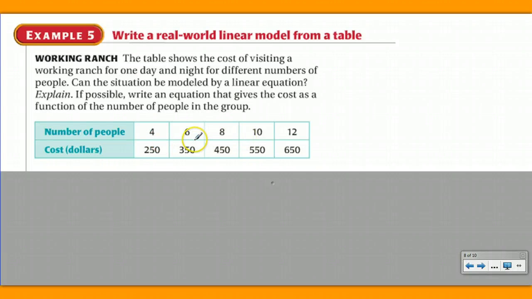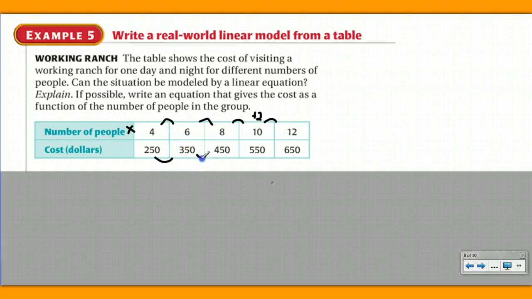How do we know if this is a linear equation? Do you remember? Well, recall we look and see, is there a constant change in the domain? So we can say that the x values, the input, are the number of people, right? So what is the change that we see in this table? And yeah, I'm sure you see it's +2, right? And so then we look at the range.